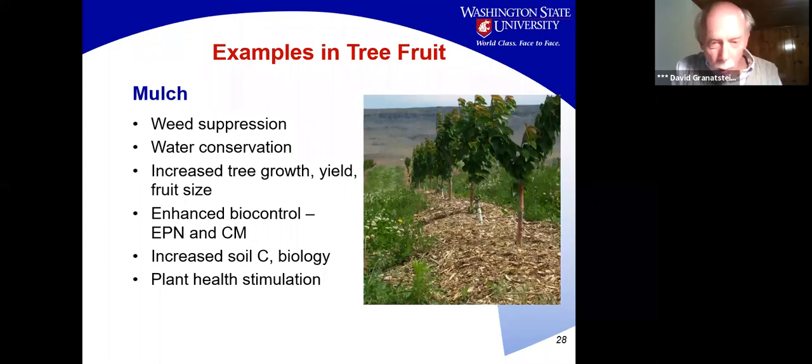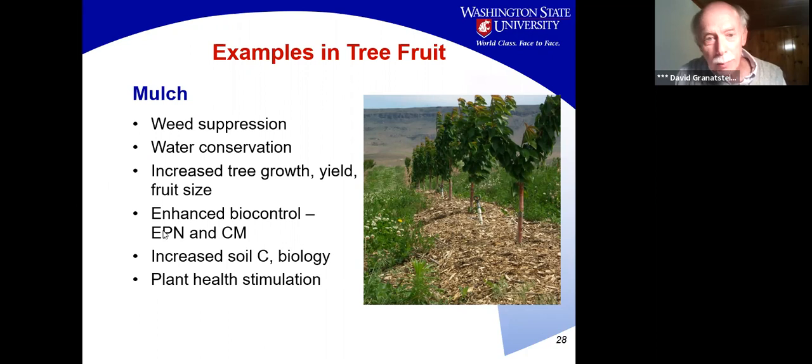Tree fruit mulch, hopefully I'll be talking about this after this talk, but just as an example, we put mulches out there and they change a number of parts of the agroecosystem. They can suppress weeds, conserve water, definitely have seen really good responses for tree performance. They can enhance biocontrol. We did a study with EPN, which is entomopathogenic nematodes.